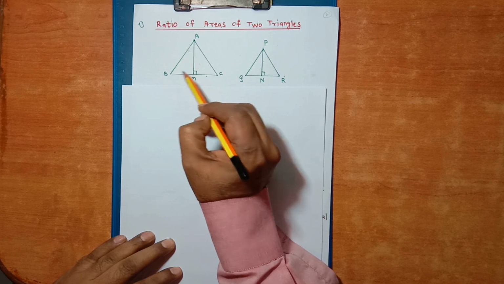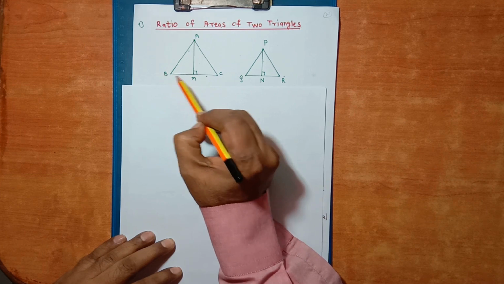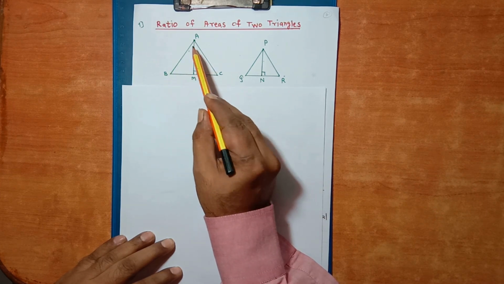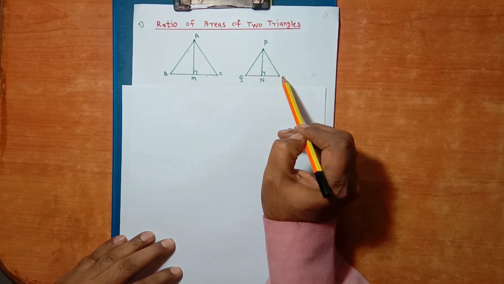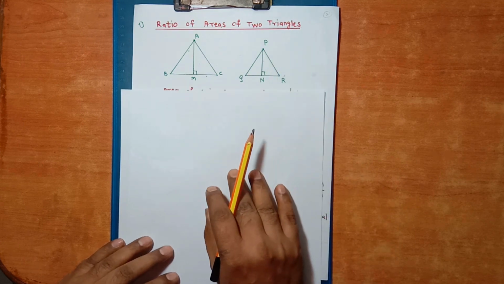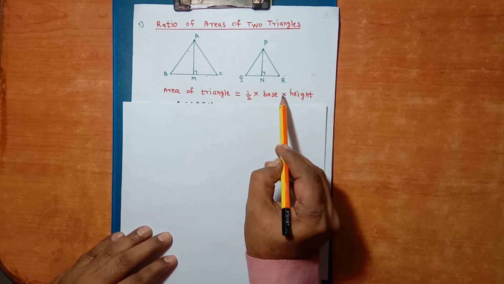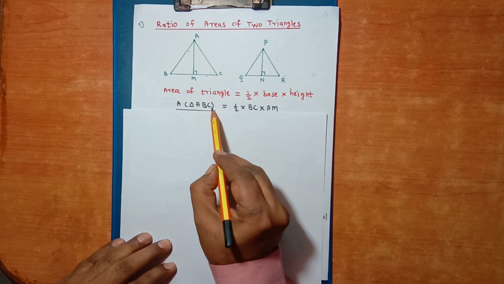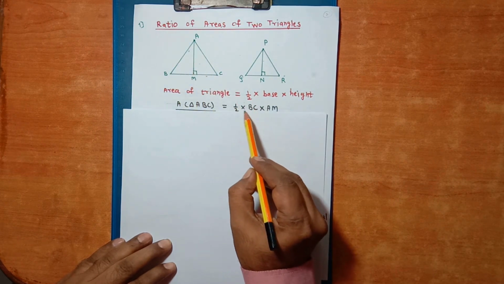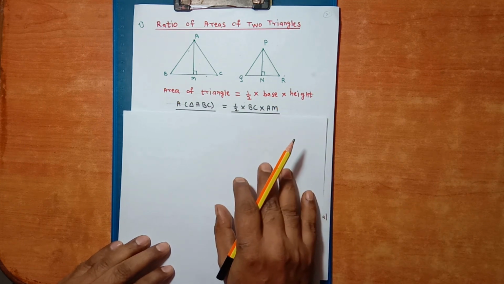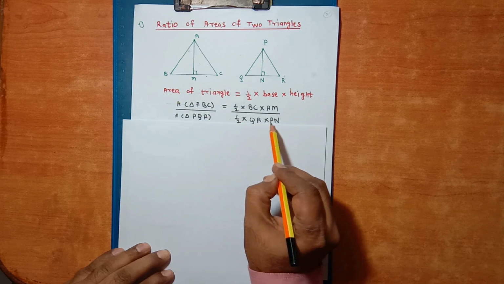Here triangle ABC and triangle PQR are drawn. In triangle ABC, BC is the base and AM is the height. In triangle PQR, QR is the base and PN is the height. So we know the formula that area of a triangle is equal to 1/2 base into height. Now area of triangle ABC is equal to 1/2 into BC into AM upon area of triangle PQR is equal to 1/2 into QR into PN.